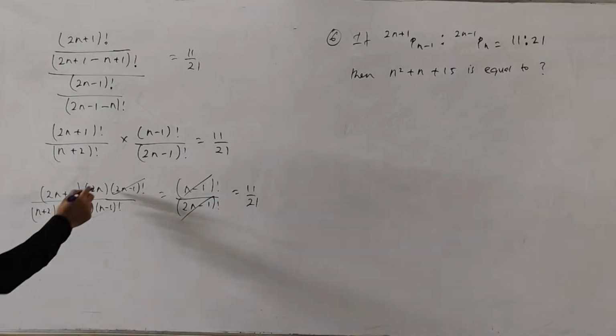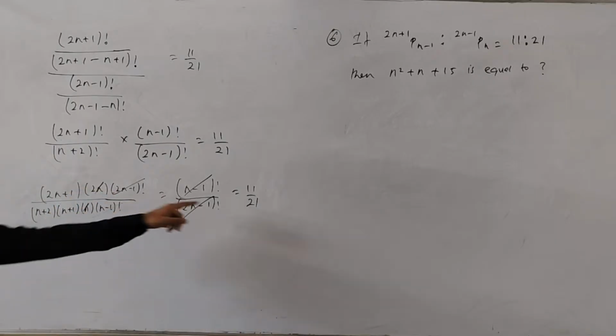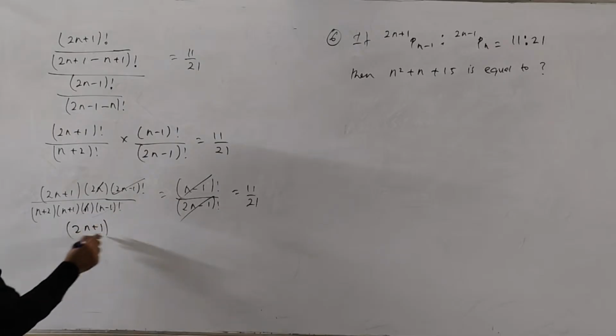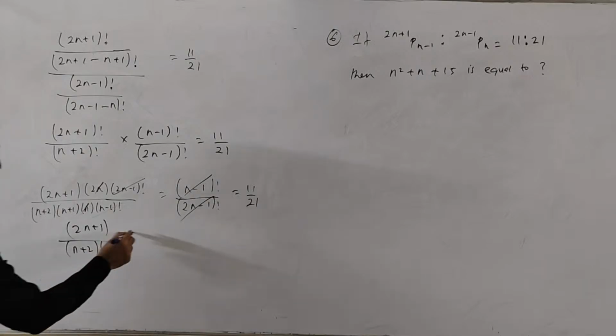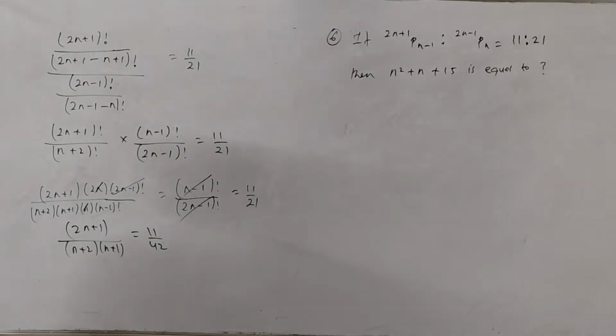Okay, this could also be cancelled now. And now these two can be written here. We will get here (2n+1) by (n+2)(n+1) is equal to 11 by this 2 I am writing here. This will become 42. Correct?